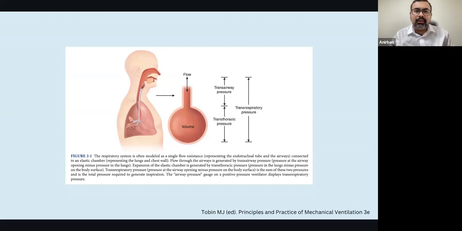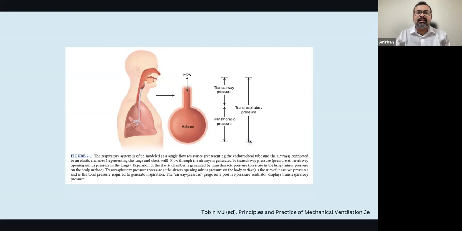In normal individuals like you and I, we do it by generating a negative pressure inside our thorax that drives in air from outside. In the case of a ventilator, it is a positive pressure ventilation, where the flow is generated by exerting a positive trans-respiratory pressure.